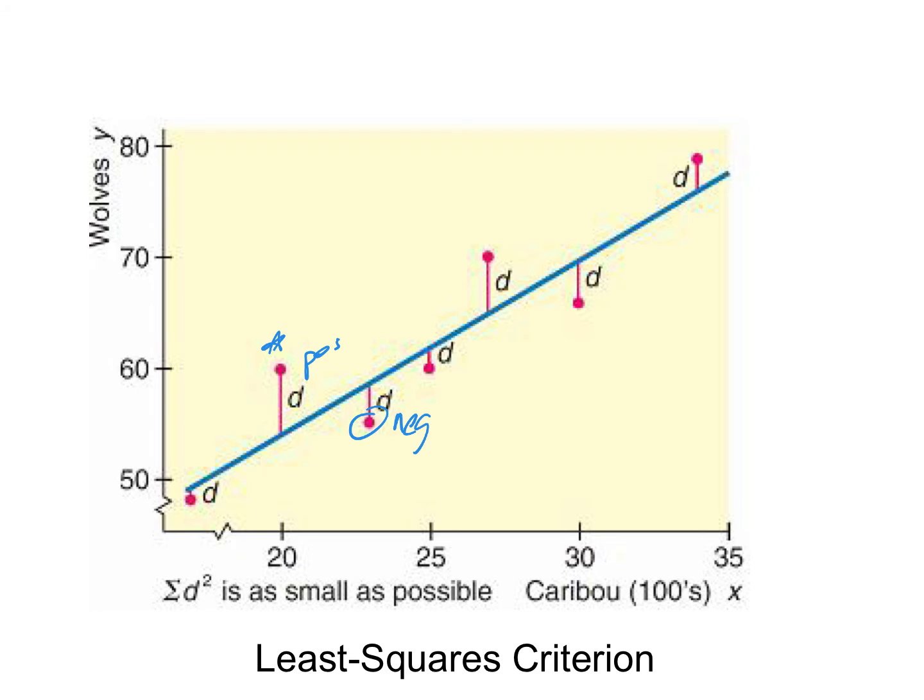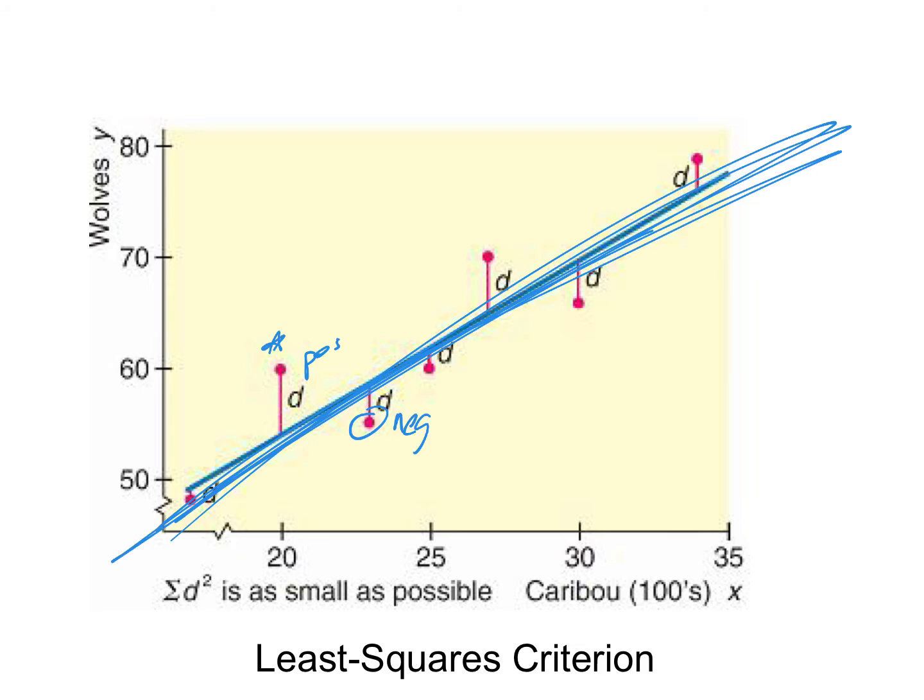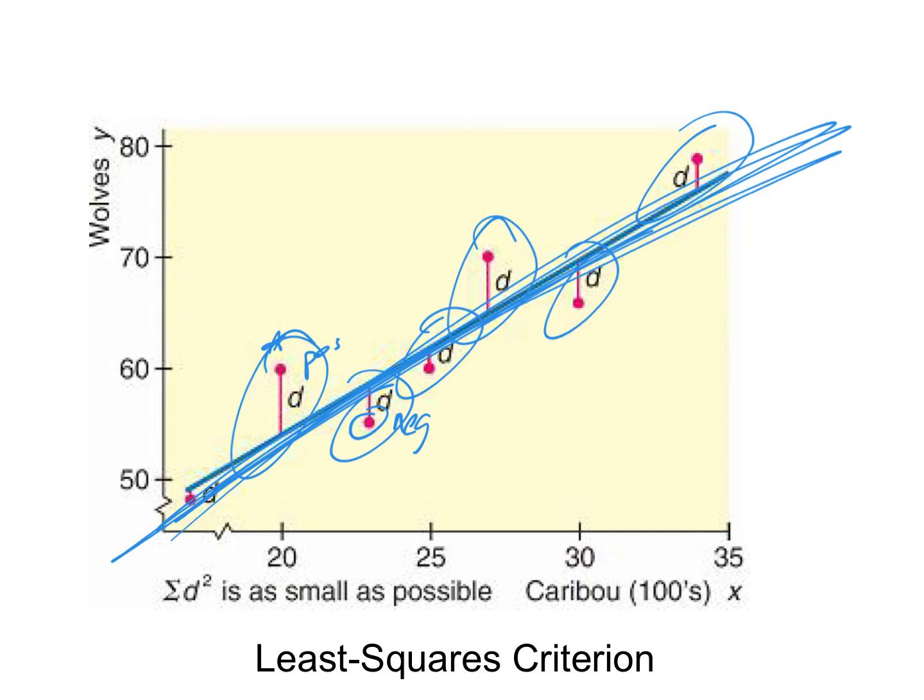This is why it's called the least squares line. We are trying to find a line such that all of the distances these points are away from it, the square distances in between, are the smallest.